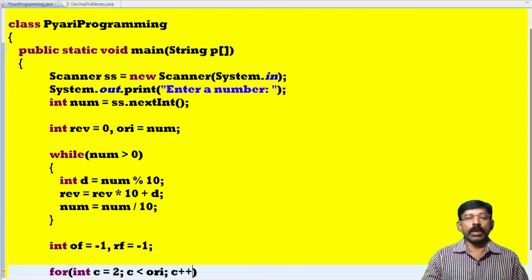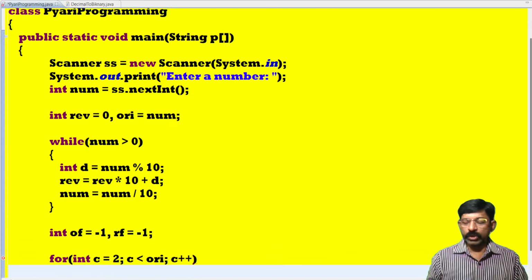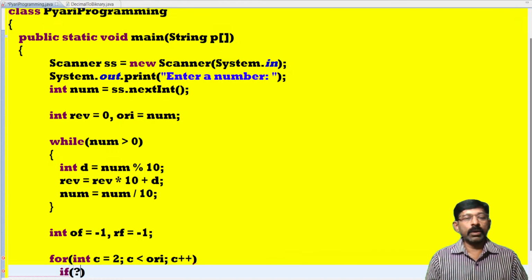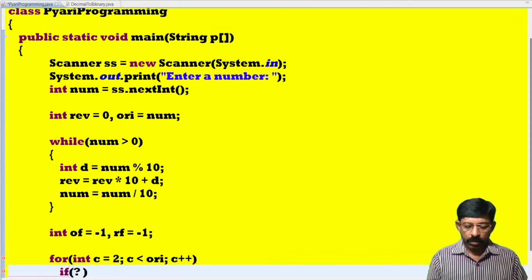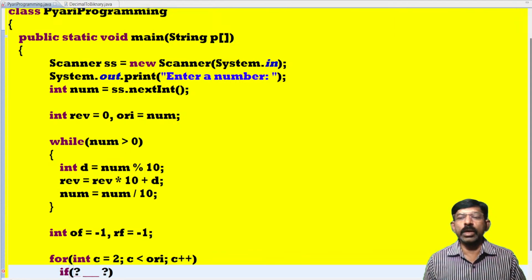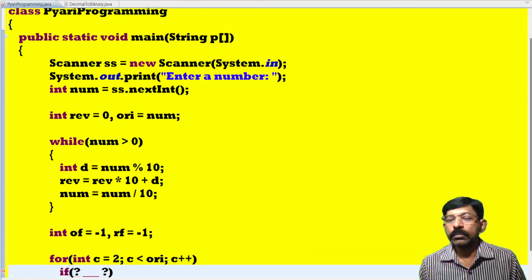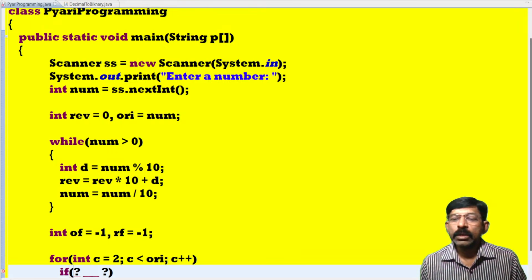After that, c++, inside which I will check which one is divisible by which one. As per the prime number, which one has to be divisible by which one? Yes, excellent Ayushman.